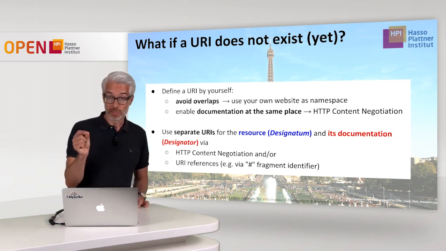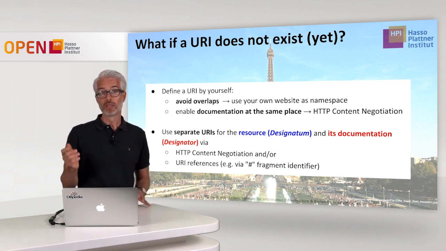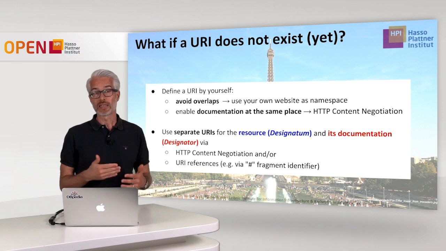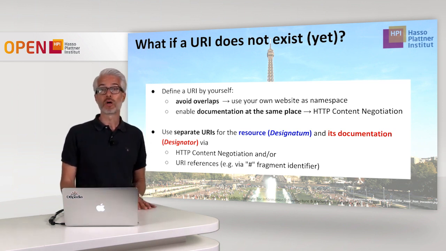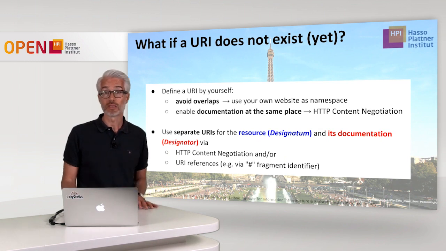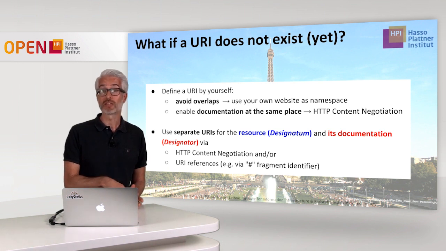And HTTP and the web platform provides a very nice feature that can be used to access different kinds of information about the same resource. And this is the HTTP content negotiation. Some of you might already be familiar with that. With the help of content negotiation, I can access different kinds of information about the same resource dependent on which kind of content I want to see, what I have negotiated with the help of HTTP.